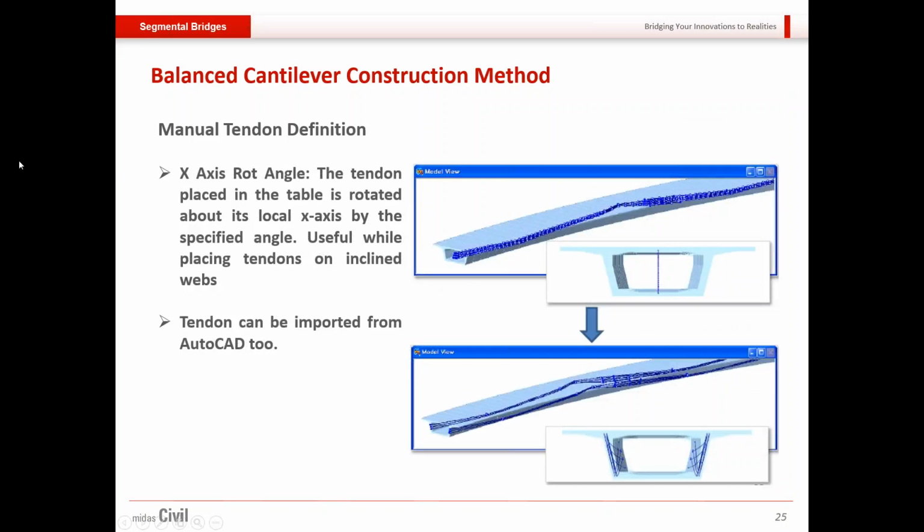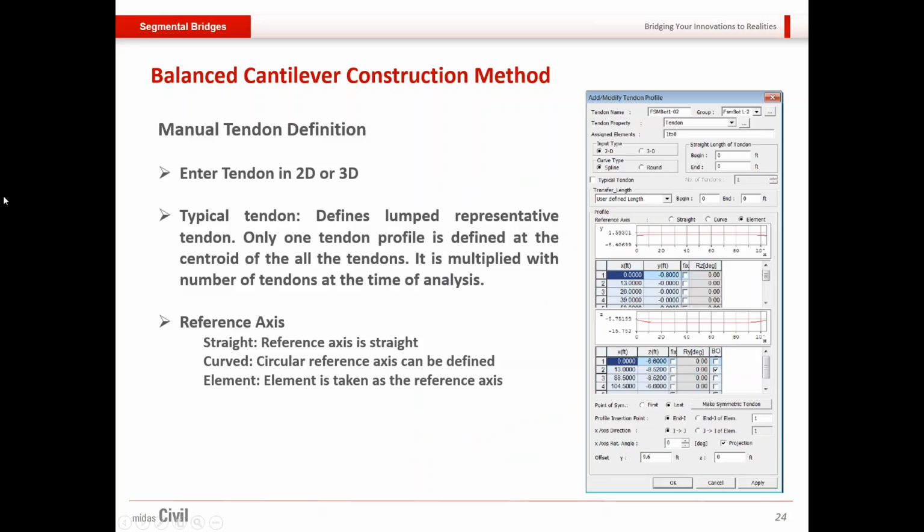One other thing being, for a box girder wherein your webs would be inclined, it is difficult to give particular inclined y coordinates or z coordinates in each and every case. So what you can do is define one single tendon at the center, and this could be projected on the inclined webs on the left and right. To do that, I'll just go to the previous slide for a bit.